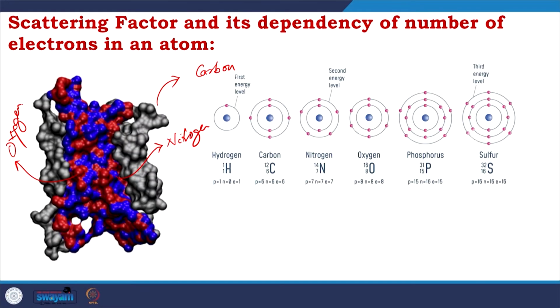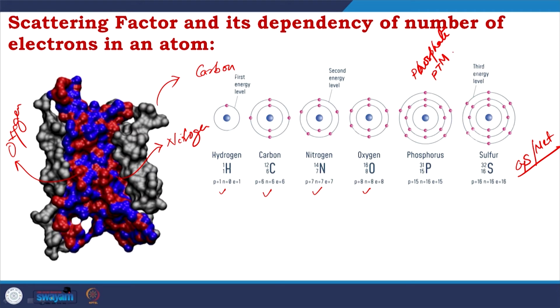As I talked about before, the protein molecule is composed of hydrogen, carbon, nitrogen and oxygen mostly, and then sulfur in cysteine and methionine, the 2 amino acids, and phosphorus comes in the form of phosphate as a post translational modification.